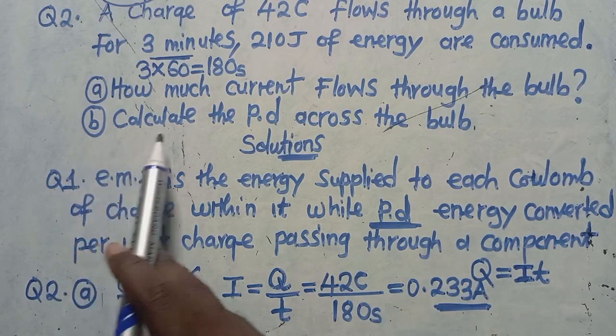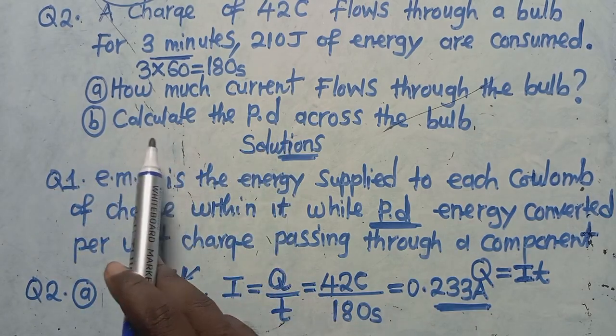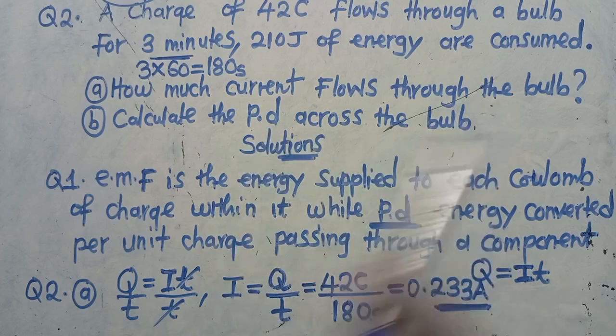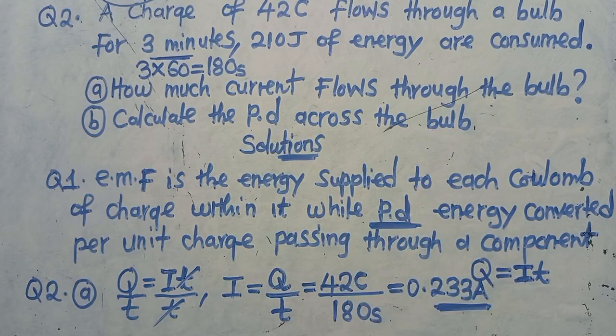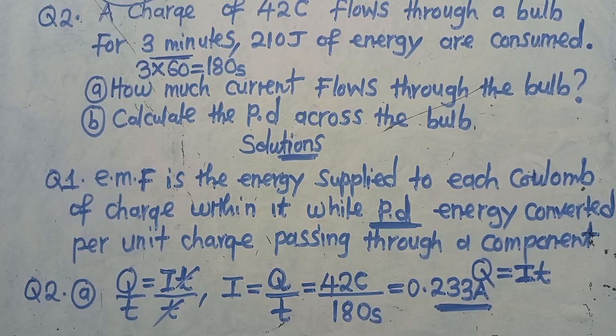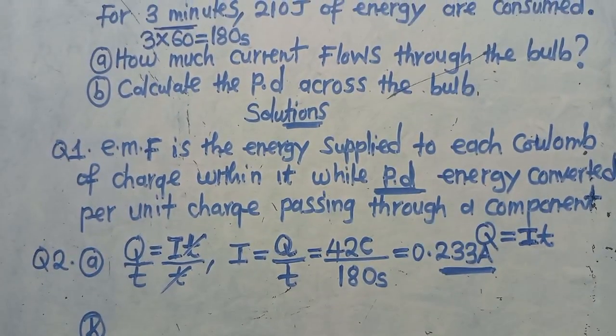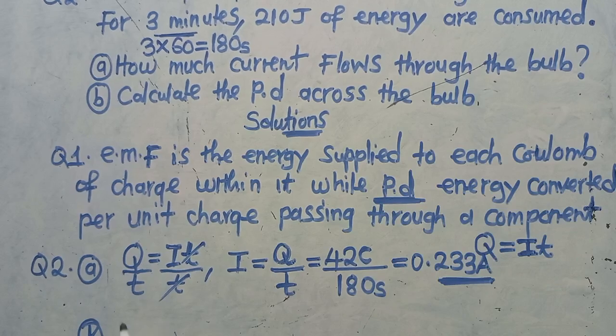We now move on to the next question, which says calculate the potential difference across the bulb. How then can we calculate the potential difference across the bulb? We move to B. The formula for potential difference is what?